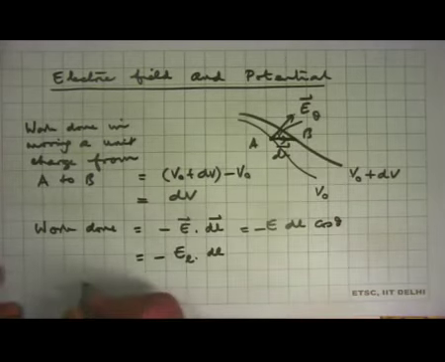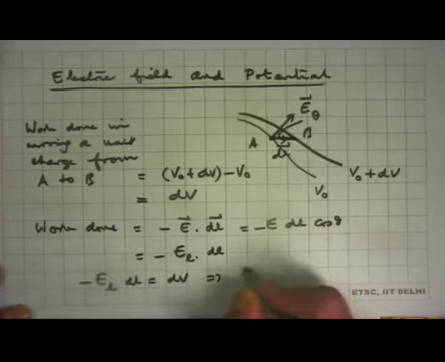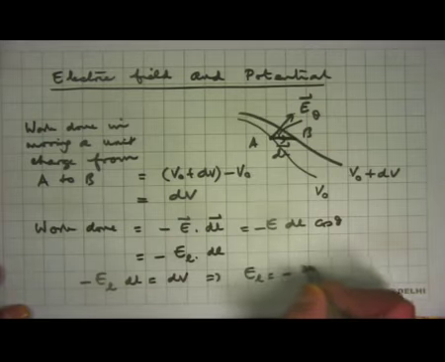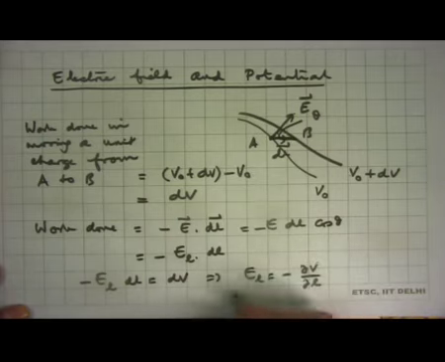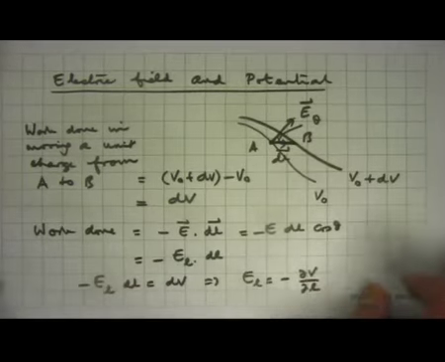So, I have an equation that minus E_L dl is equal to dV. This implies E_L is equal to minus del V by del L. So, E_L is the component of the electric field along the direction in which I am moving the charge.